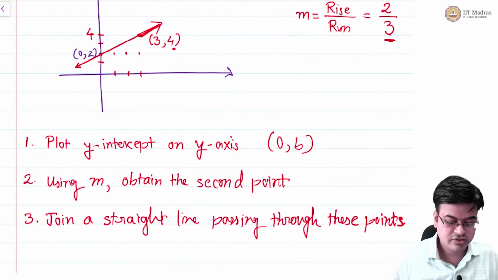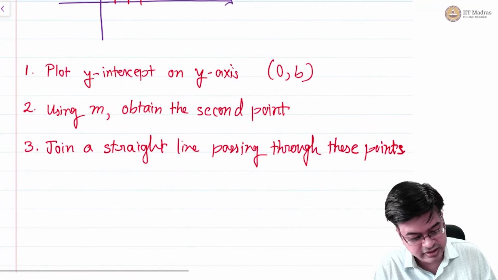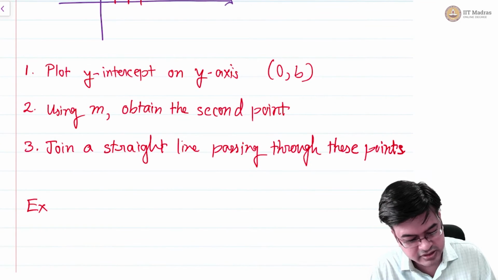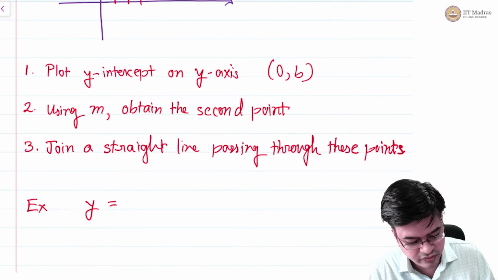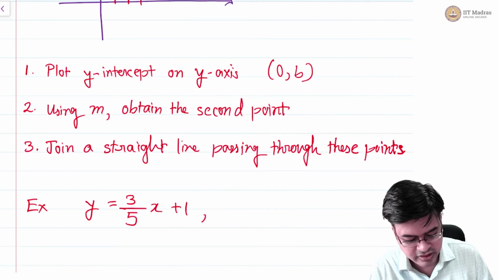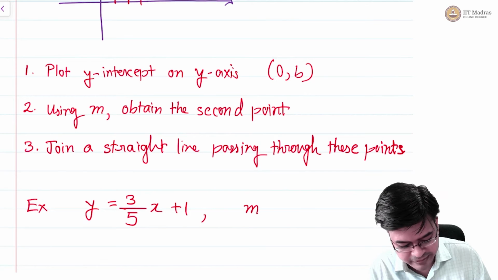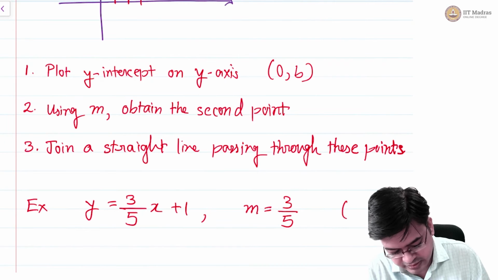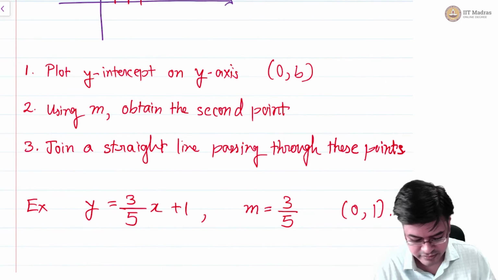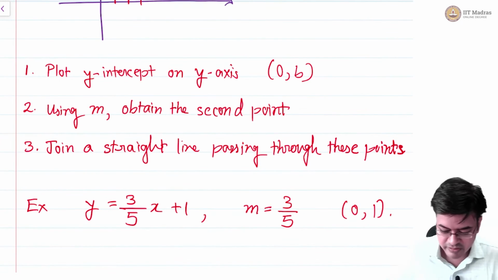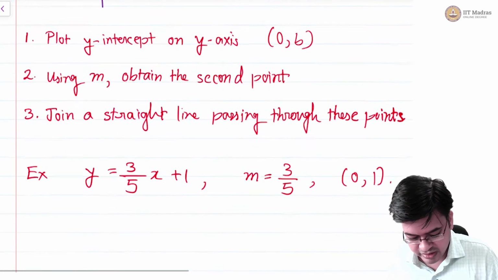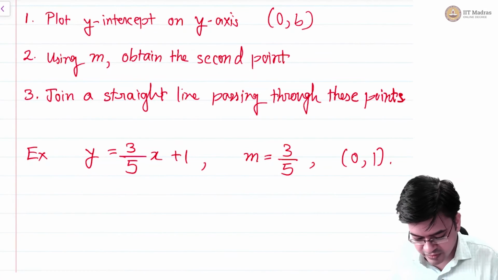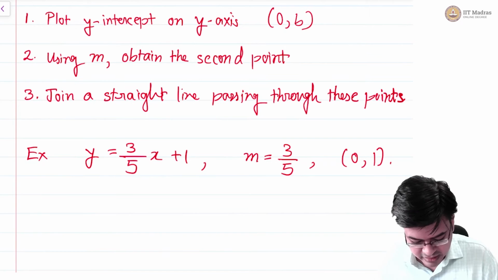Nothing great. So you can try your hand as an exercise. Apply this and try your hand on y is equal to 3 by 5x plus 1. Here m is equal to 3 by 5 and the intercept is (0, 1), right? So in particular, the point in x direction will be 5 units apart.